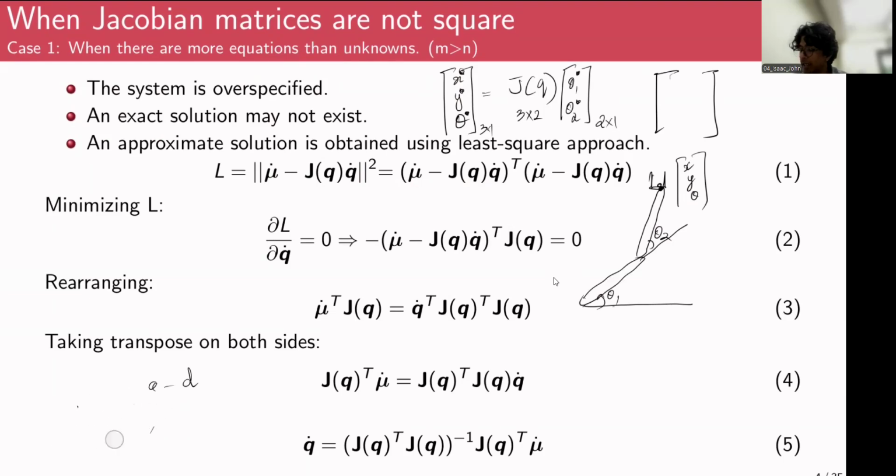Or in another sense, instead of squaring, you can also take the transpose of the difference and then multiply. A dot product would also be fine.